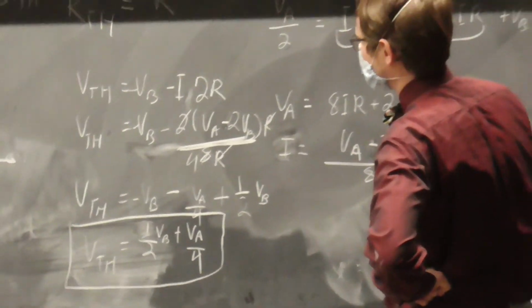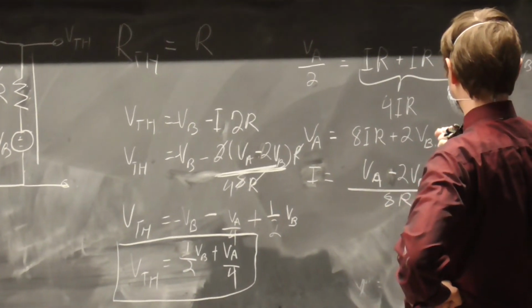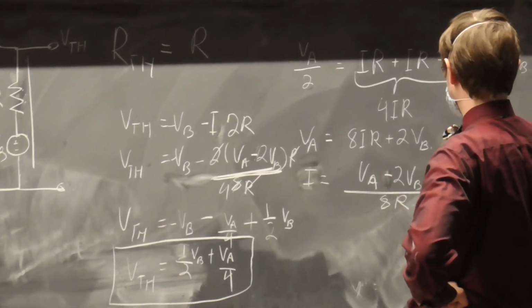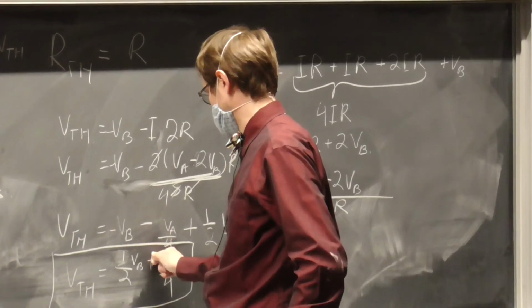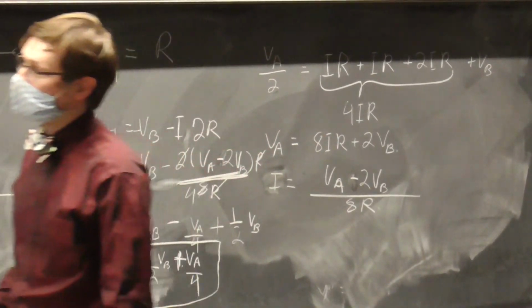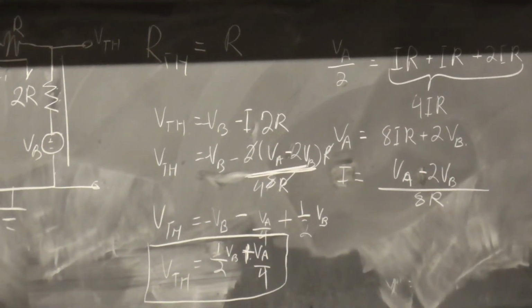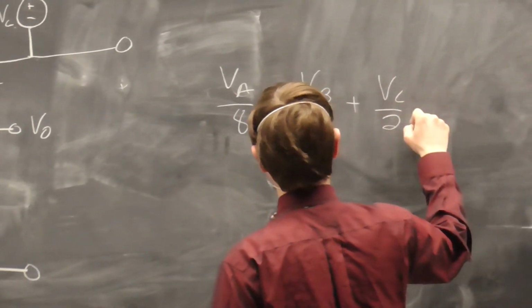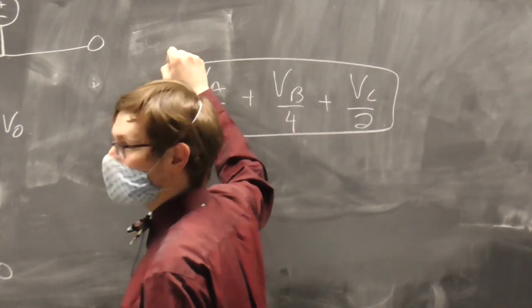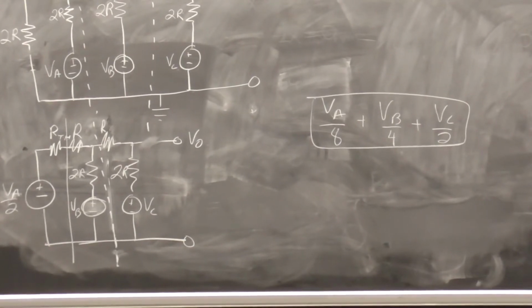How did I miss the negative though? At any rate, that should be a plus. So eventually, what you get is an equation for this that is VA over 8 plus VB over 4 plus VC over 2. And if you had any more bits, then those would be added successively as well.